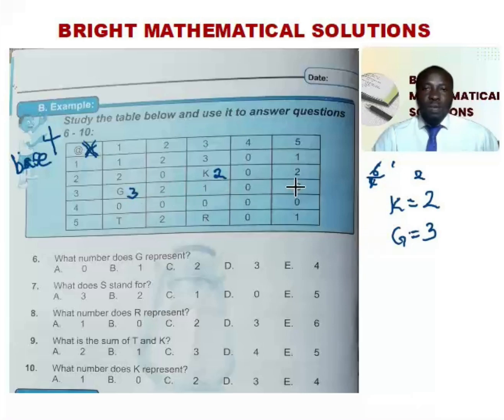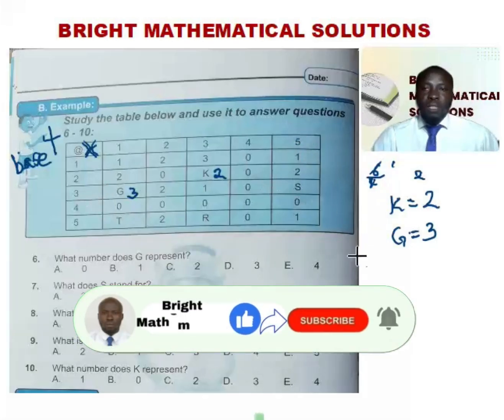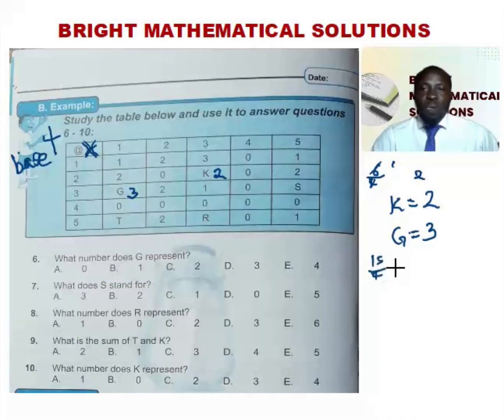The next one is S. This is 5 multiplied by 3, that is 15. 15 divided by 4 will go 3 times, and the remainder will be 3, because 4 multiplied by 3 is 12, and 15 minus 12 is 3. So our S equals 3.